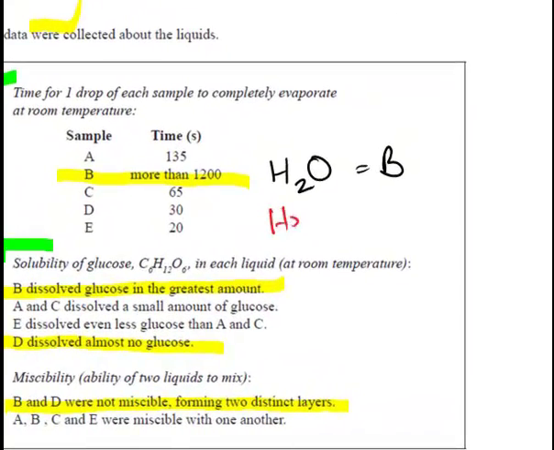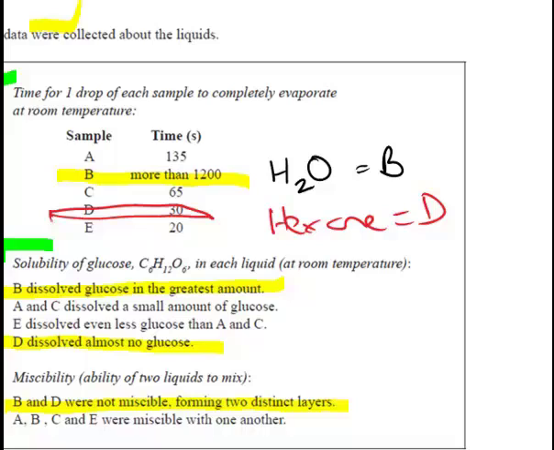So hexane equals D. And that's also backed up by the fact that the time for it to actually evaporate is fairly low. The only interactions that we've got between the molecules are temporary dipole ones, and so for it to evaporate, we'd expect a fairly low time.